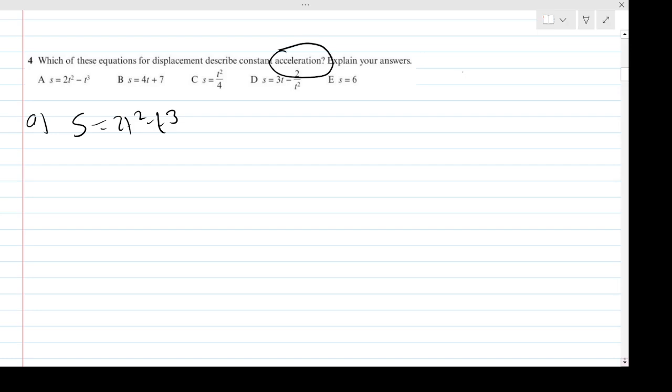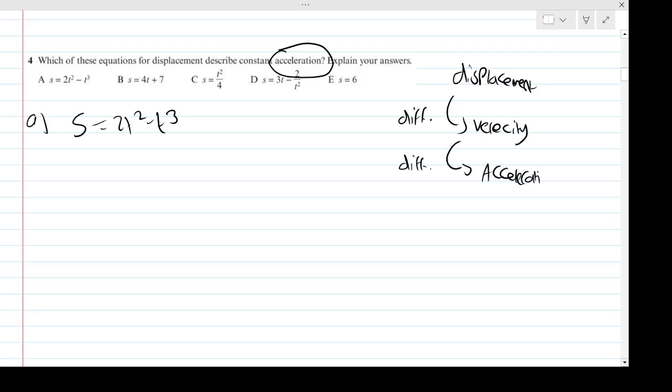So how are we going to get to acceleration from that? Well, we're going to differentiate. But differentiating displacement gets me velocity, so I'm going to need to differentiate again to get to acceleration, okay?